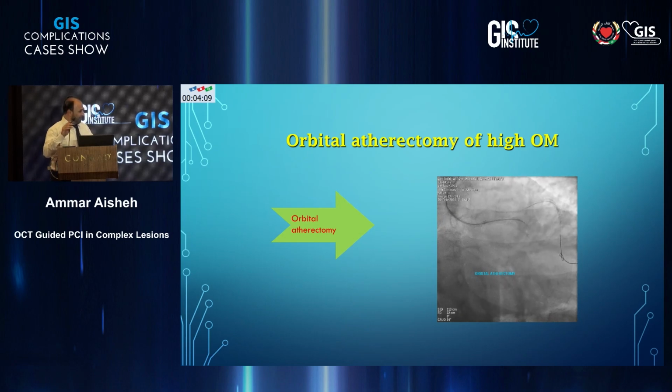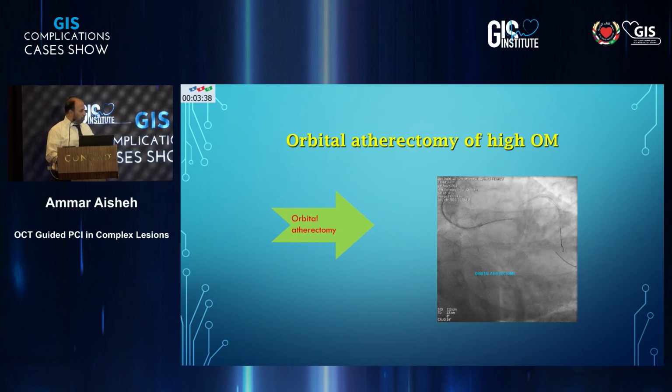Because I know Dr. Muhammad is one of the very good users of CSI, orbital atherectomy. In vessels less than 3.0, usually we go at 80,000. And in such a lesion, if you can cross, and I know this is what happened in this case, they did a retrograde atherectomy.